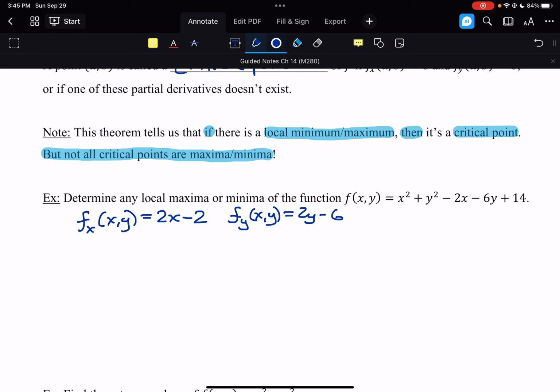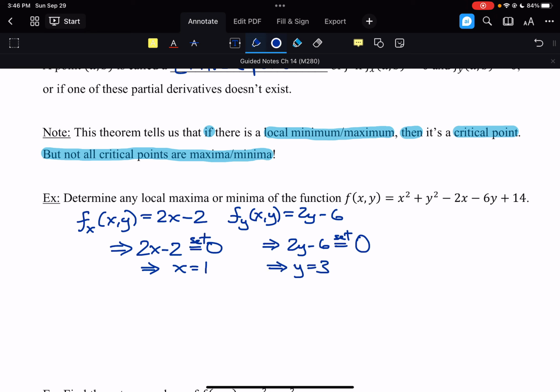So if we're looking for critical points, we're going to set these equal to 0. So we get x is 1 and y is 3.